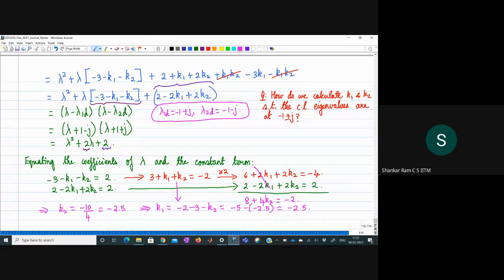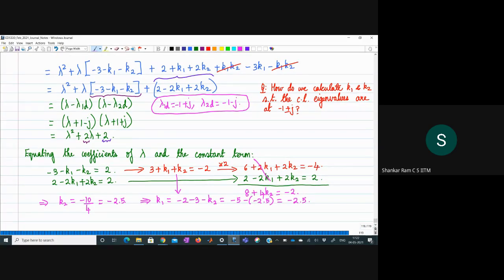So this is a very unique problem where both K1 and K2 are equal, and they come out to be -2.5. This need not be the case all the time. It's just that in this particular problem, both K1 and K2 are the same, and they take the value of -2.5.